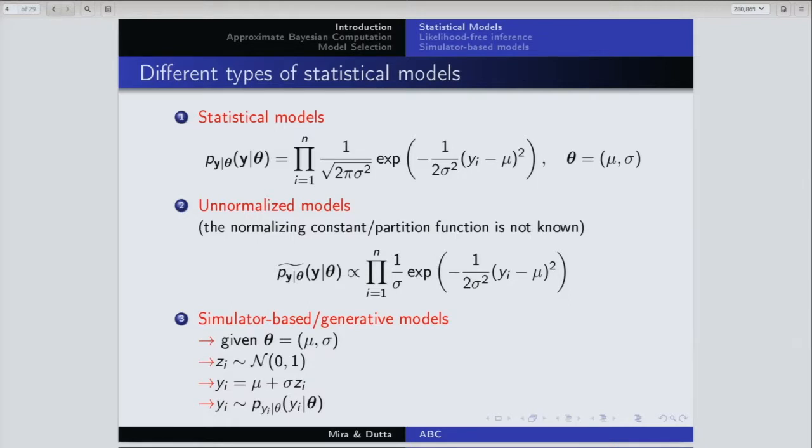So sometimes you cannot write down the model in closed form, not even up to a normalizing constant, but you can forward generate if I give you some values of the parameter and a source of randomness. Okay? So today we will focus on this type of models, and I will call them generative models or simulator-based models. Okay?